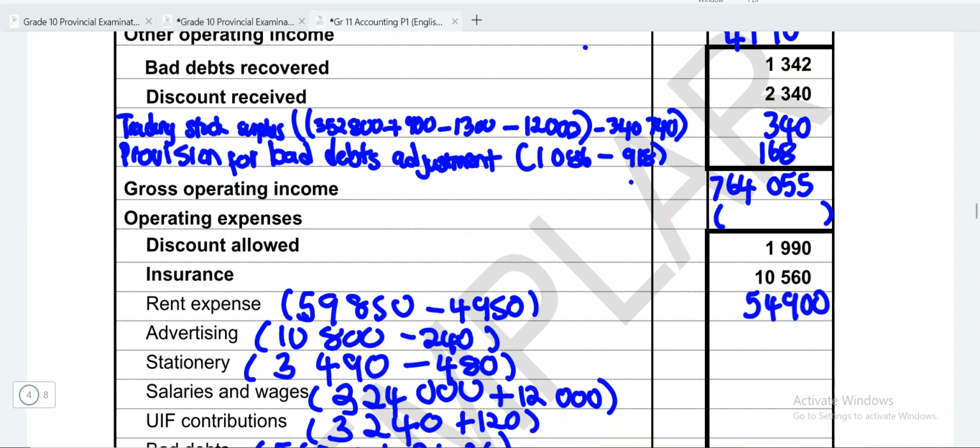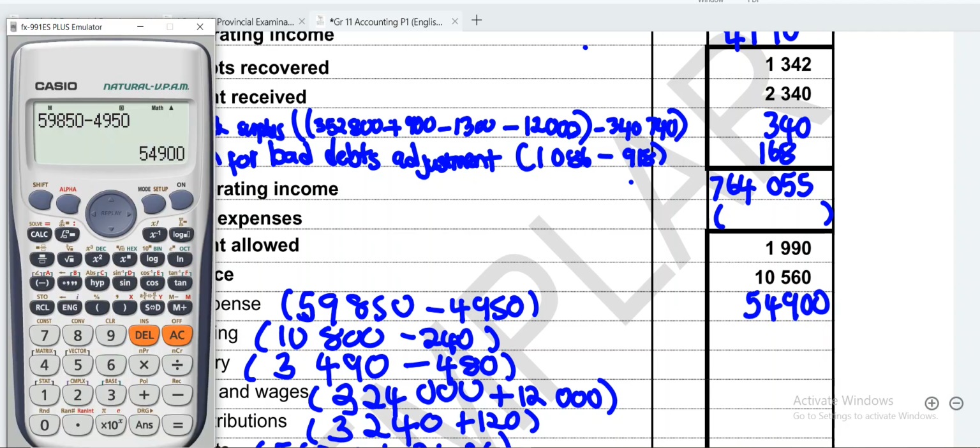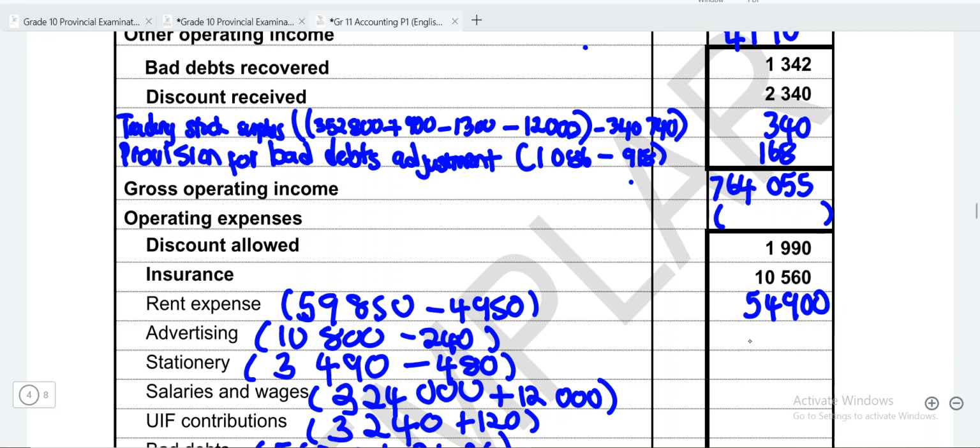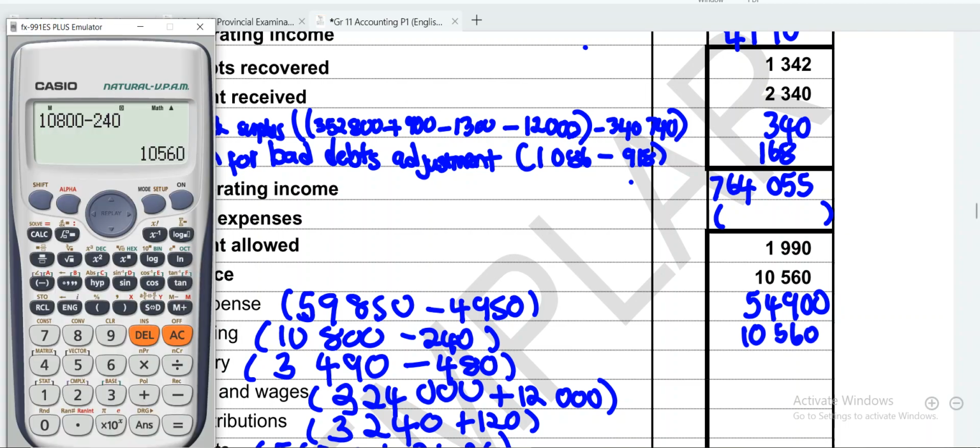And then we go to the next one, 10,800 minus 240, it is giving us 10,560. Then if we say 3,490, we minus 480, it is giving us 3,010.